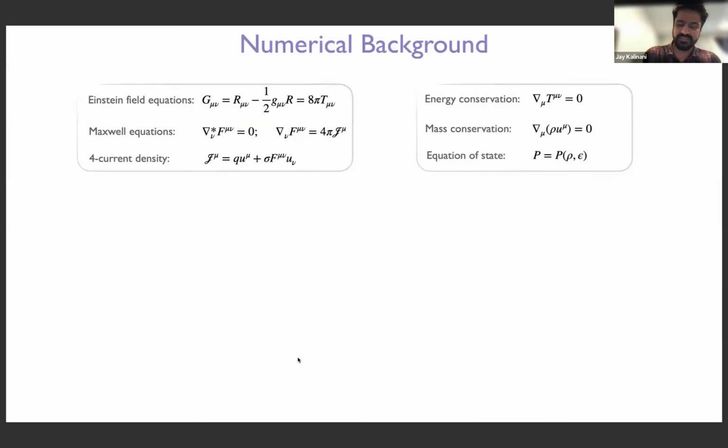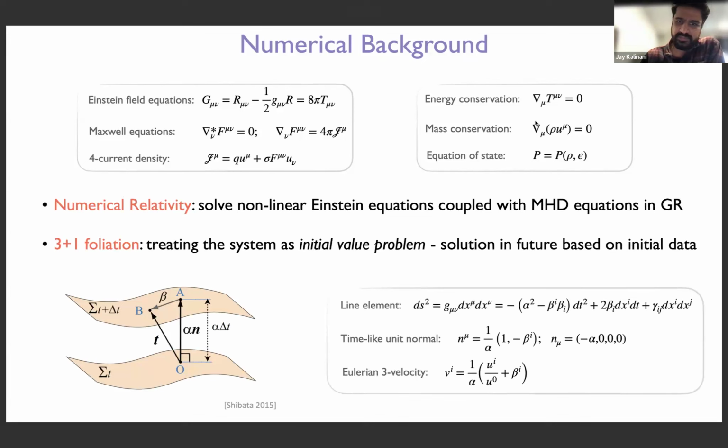Now, let me touch base a bit on the numerical background. Here we care about solving Einstein field equations along with Maxwell equations for electromagnetic fields. And for the hydro, you also have energy conservation as well as mass conservation equations. The typical approach, as you may already know, is the 3+1 foliation technique, treating our problem as an initial value problem, where we provide some kind of initial data, and then that is evolved in time.